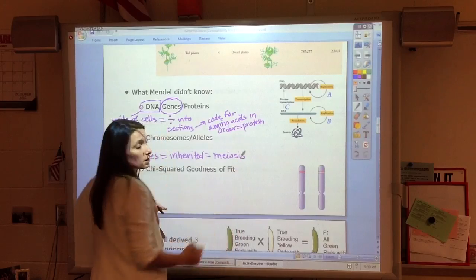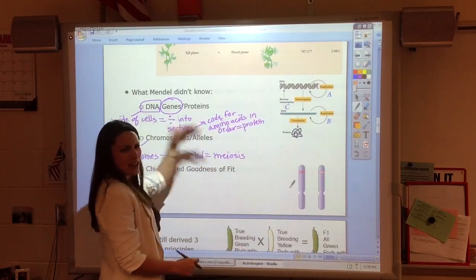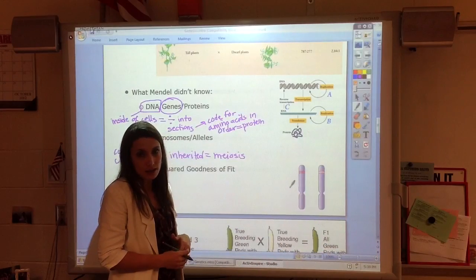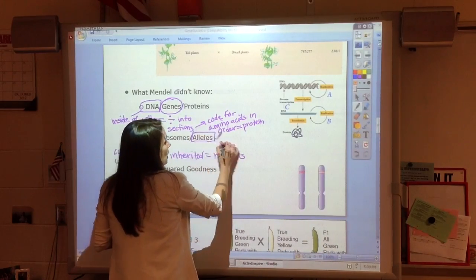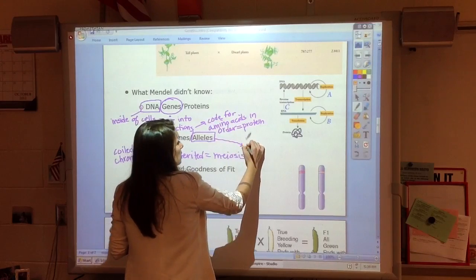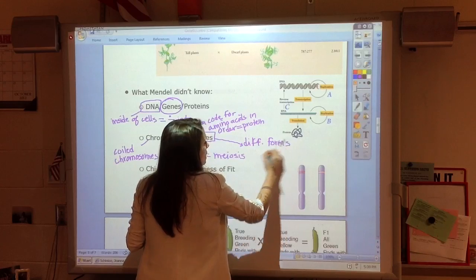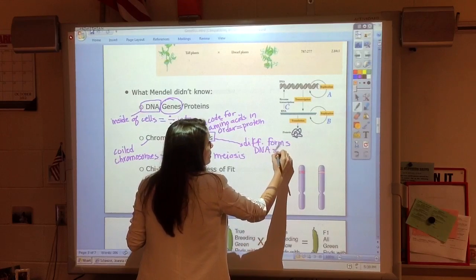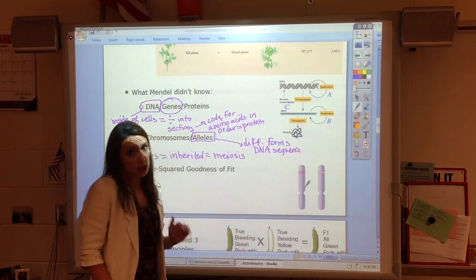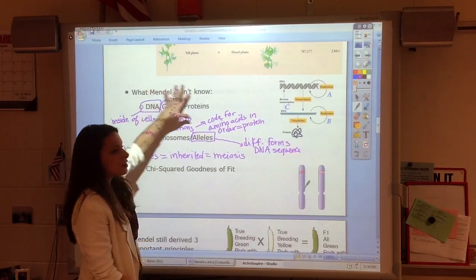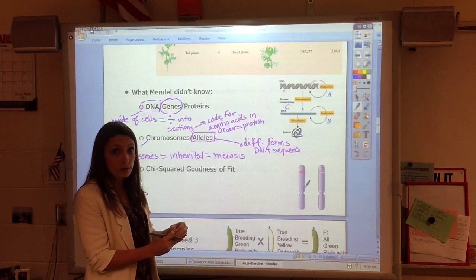And so we actually understand how parents are passing on genes to their offspring. And we do understand that those genes come in different forms, that depending on the DNA sequence, we can have different forms of a gene. So this really makes a lot of sense to us because we can look at it on a cellular level.